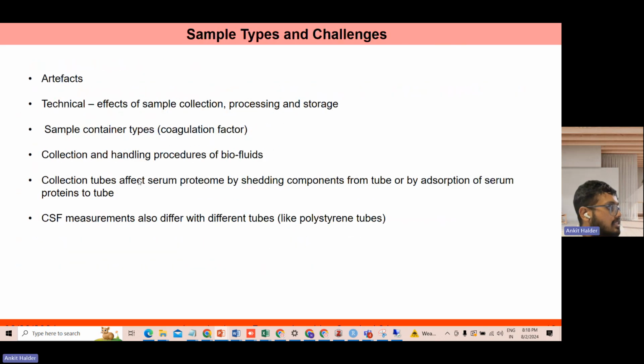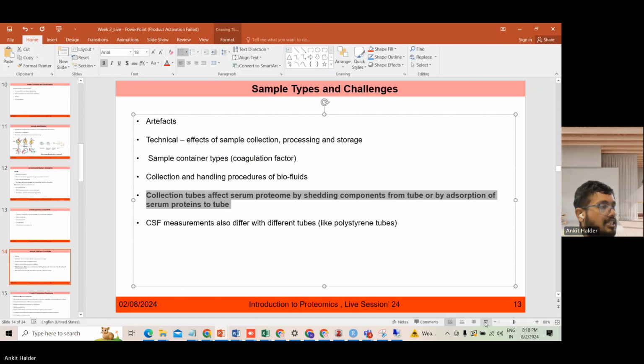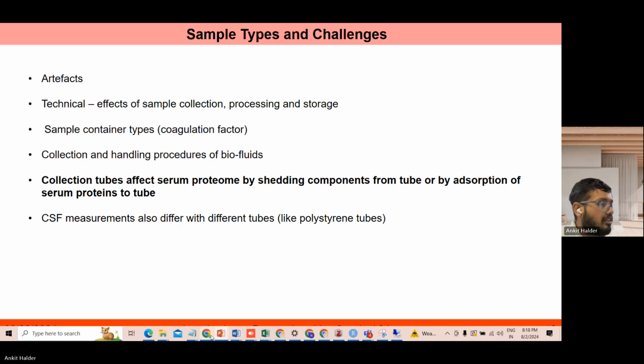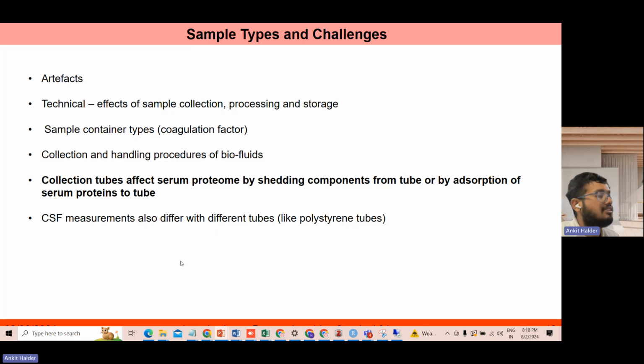Sorry, yeah, I'll just make it bold for you to get it highlighted. I'm highlighting that the collection tubes affect the serum proteome by shedding components from the tube or by absorption of serum proteins to the tube.